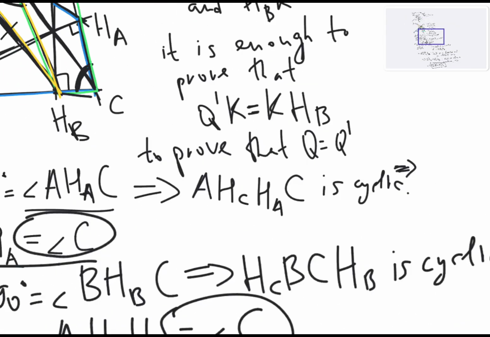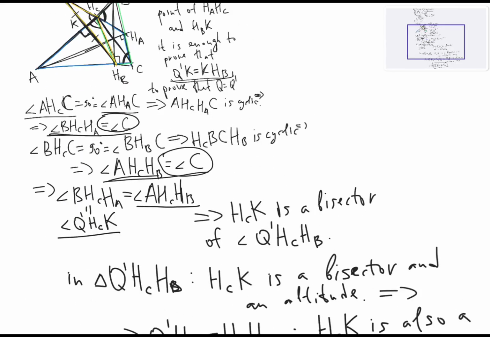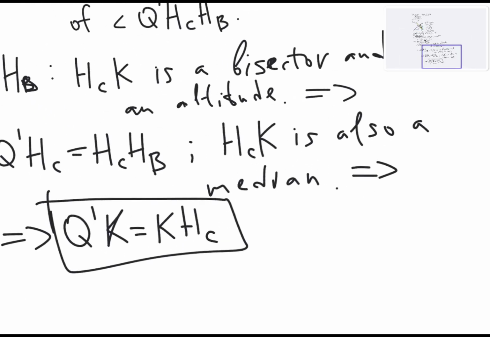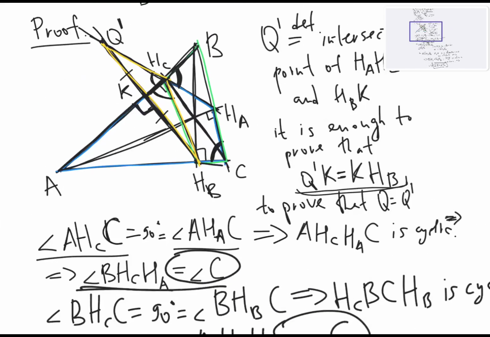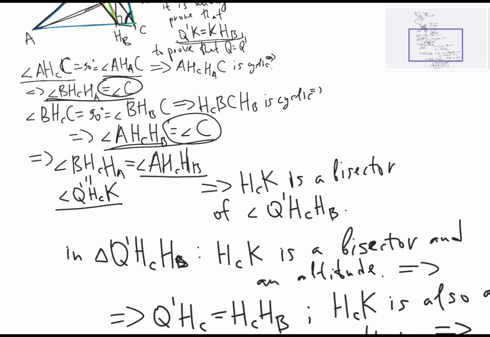So we recall here, KHB, no, I wrote HC, no, not HC, but HB. Of course, HB. Again, so Q prime K is equal to KHB. So these two segments are equal to each other.